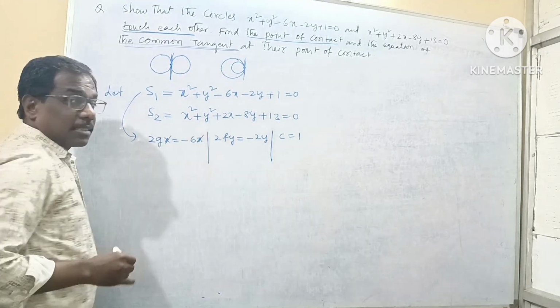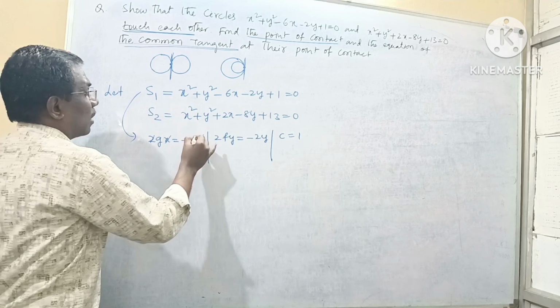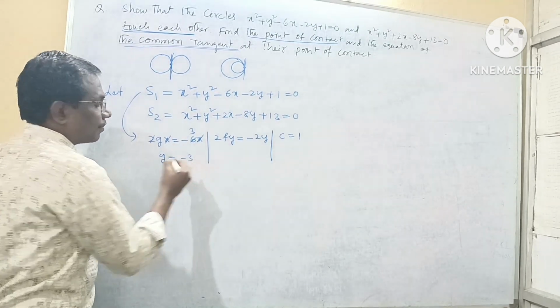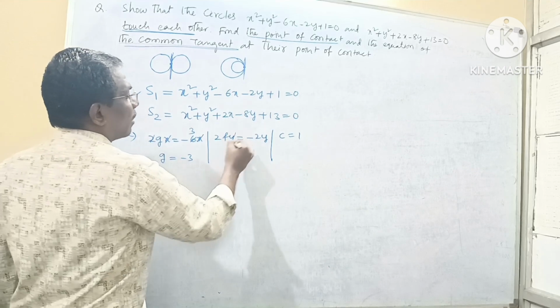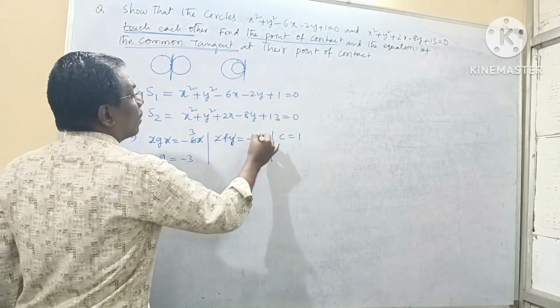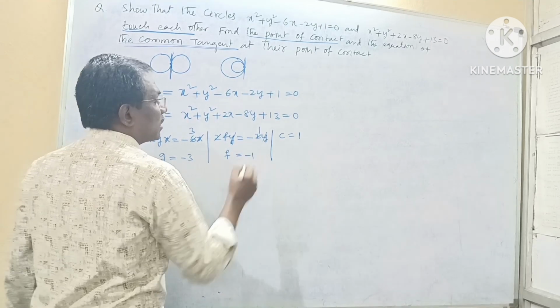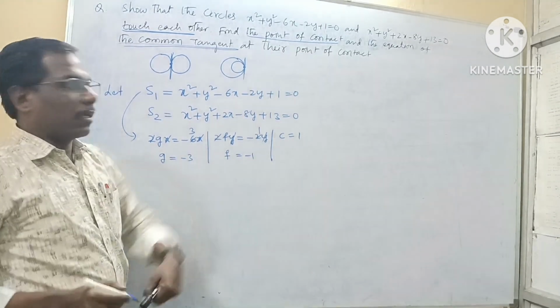On both sides x cancels, and 2 times 3 is 6, so g is minus 3. On both sides y cancels, 2 times 1 is 2, so f is equal to minus 1, and c is equal to 1.